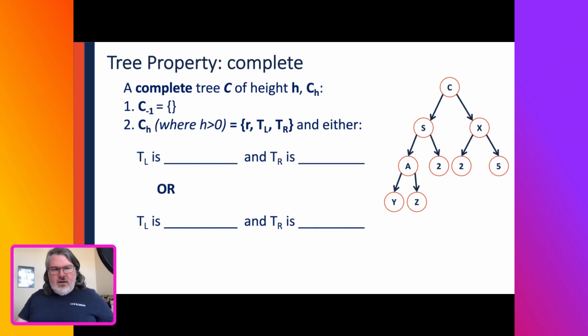So a complete tree of height h is either the empty tree, or it is a tree of height h, where h is greater than or equal to 0, where it is a root with a left and a right subtree.